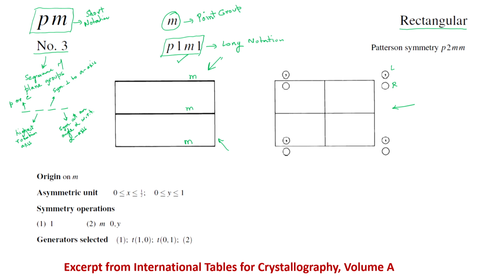Now, you can also see from this diagram that there are clearly two motifs per unit cell. Also, you would notice that one is right-handed and the other is left-handed, inside the cell.